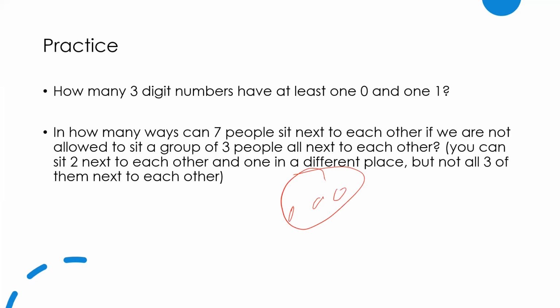There are 7 people, but the problem says that there are 3 people that are not allowed to sit next to each other. So we're doing complementary counting, which means we're trying to find the number of ways we can have all 3 people sitting next to each other. So I'll place them in a group here, and count them as 1 person. I'll just draw them like this.